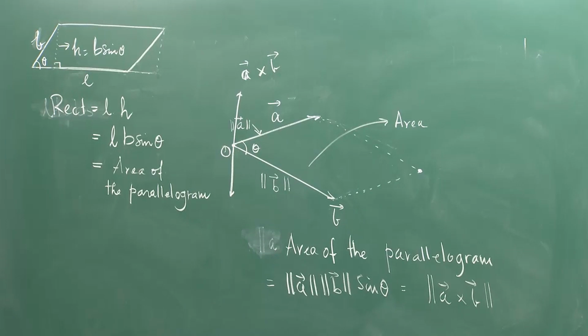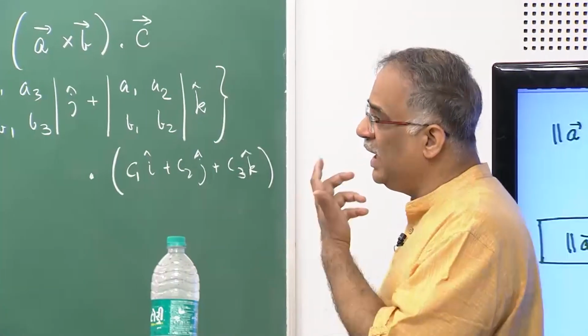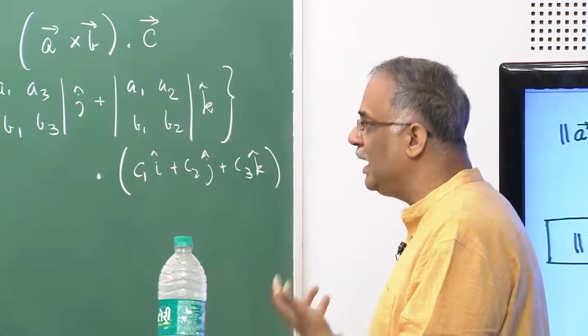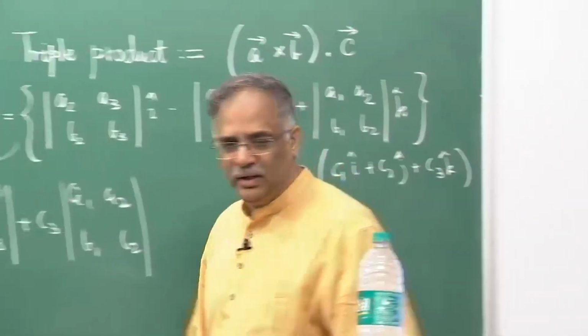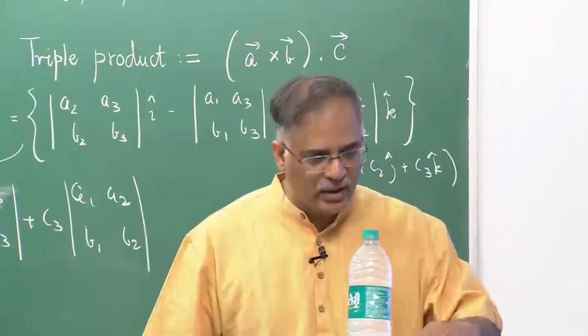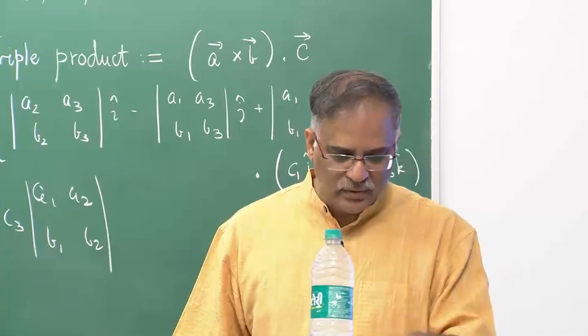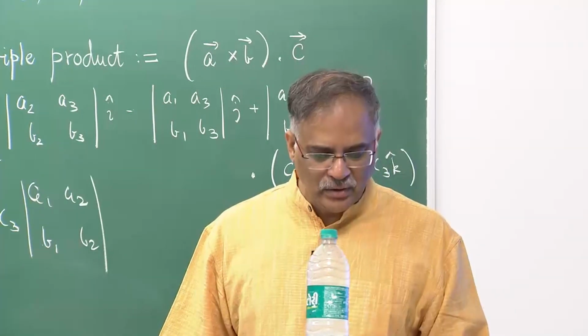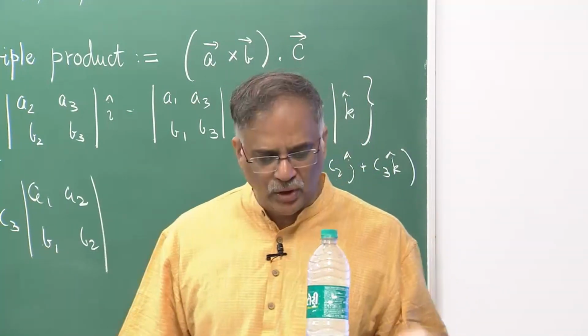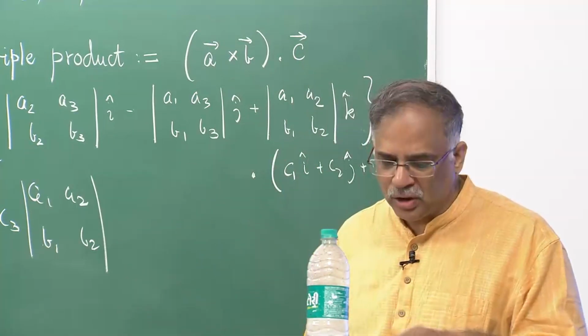So, the cross product of two vectors is actually the area of a rectangle. So, area of a rectangle can also be viewed as a vector, and that's where the beauty lies in this whole thing.